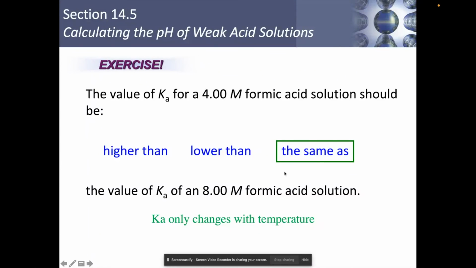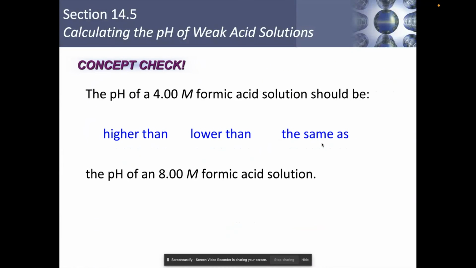A lot of times people have a misconception that these values are going to be different because we have different amounts that we're starting with. I'm starting with 4 here versus starting with 8 here. But remember, in reality, all that means is that my amount of hydronium ion is going to be proportional to the initial amount. But Ka should be the same. Ka doesn't change except with temperature.